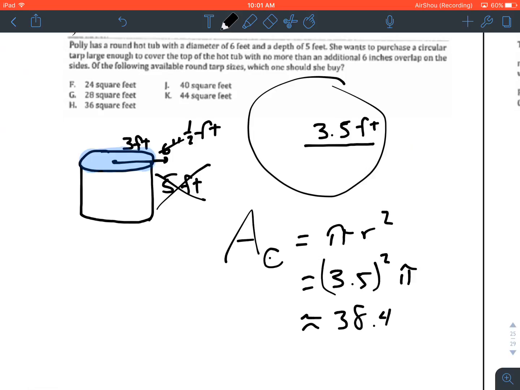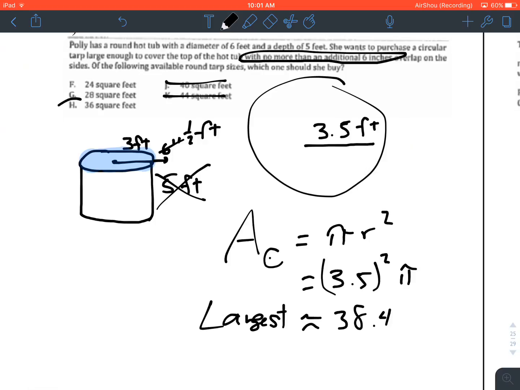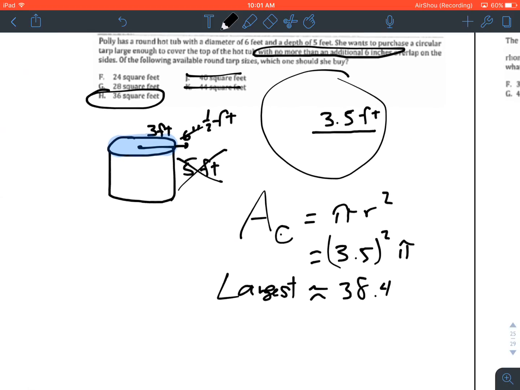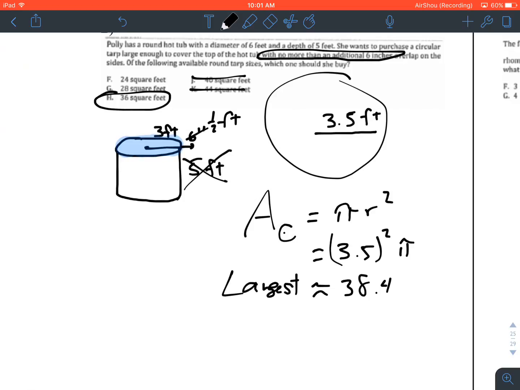Now looking at my answers, she's fine with no more than an additional 6 inches of overlap, which means this represents the largest possible that she would want. That's more than that, that's more than that. So the closest thing to this is going to be 36 square feet. So that's going to be our answer.